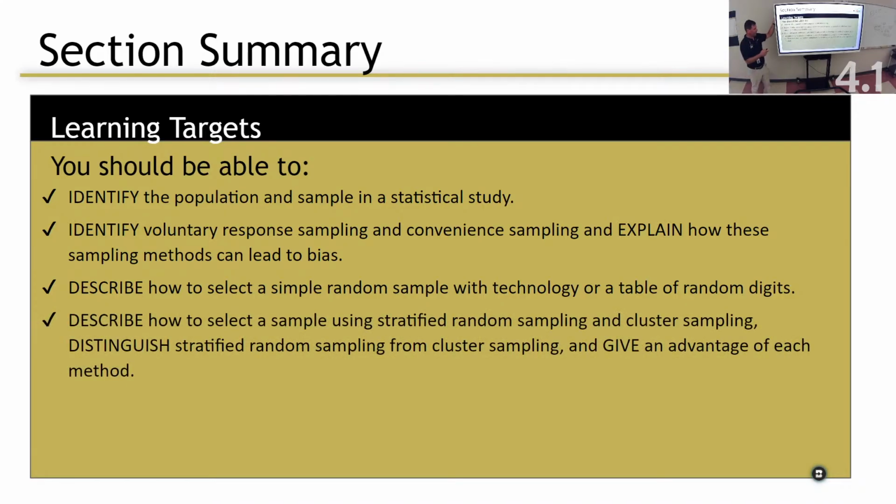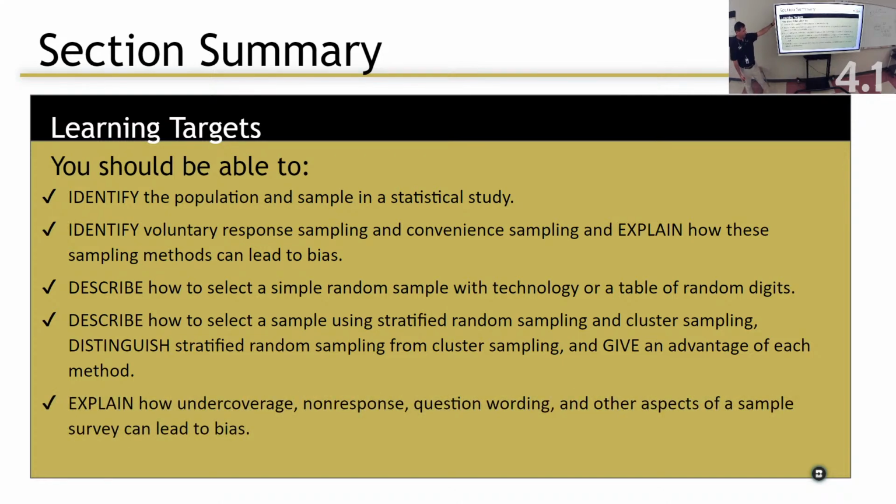I hope you can describe how to select a sample using stratified, cluster, and systematic. And then I hope you can explain how undercoverage, nonresponse, question wording, and other aspects of a survey can all lead to bias.